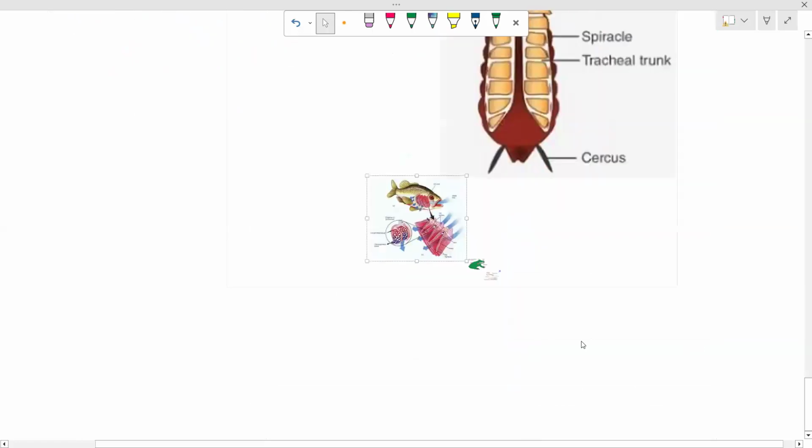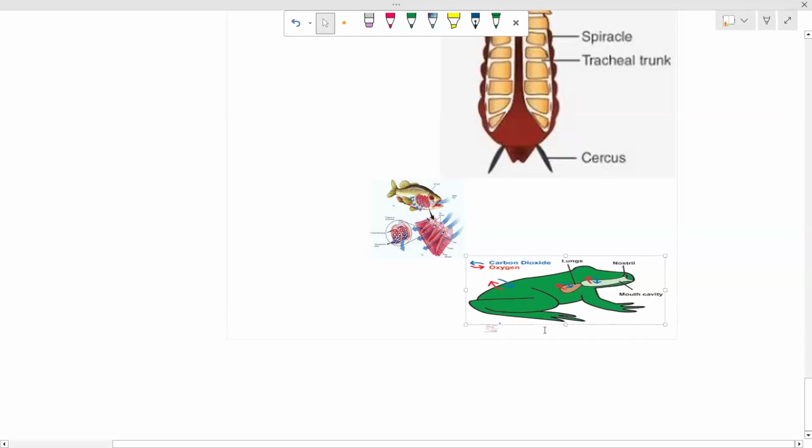Ma'am, I think the cockroach or some kind of insect hears or smells through its tentacles, right? Not lenticles, it's spiracles.